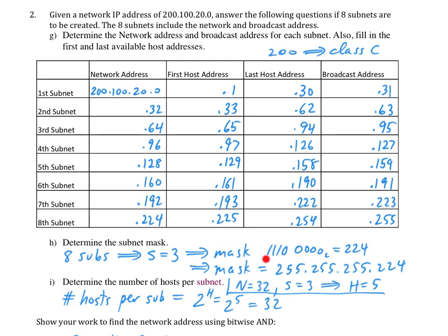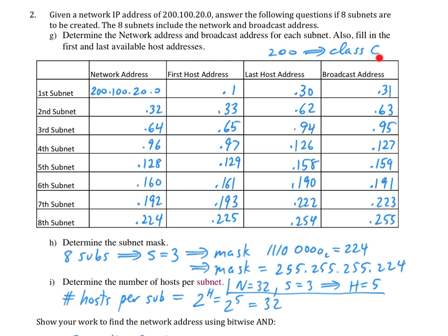That immediately gives us the mask with 3 ones in the front of that last octet. 3 ones in a byte gives us a 224, 128 plus 64 plus 32. And finally, the mask in total is 255.255.255.224.